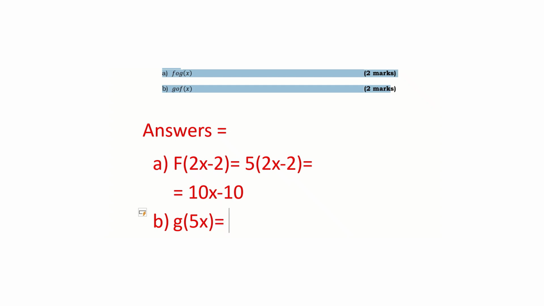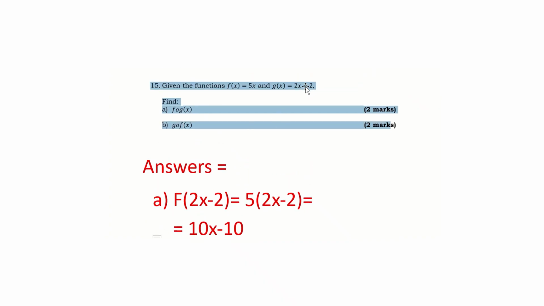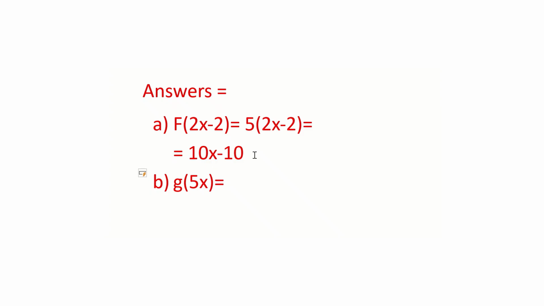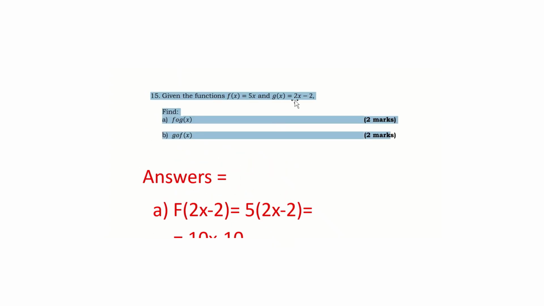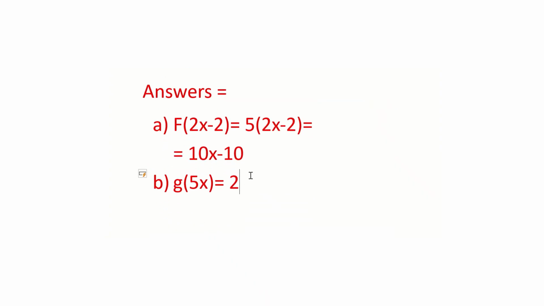So g is 2x minus 2, which means in place of this x we put the value of f of x, so 5x in brackets, then minus 2. So here the answer will be 10x minus 2.